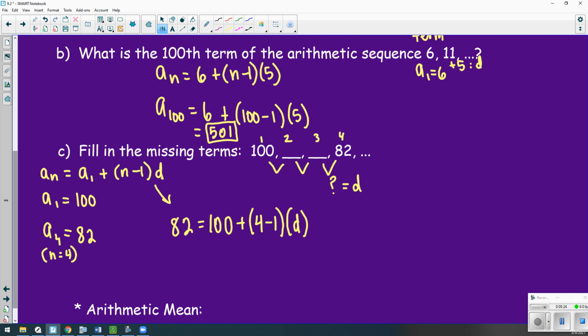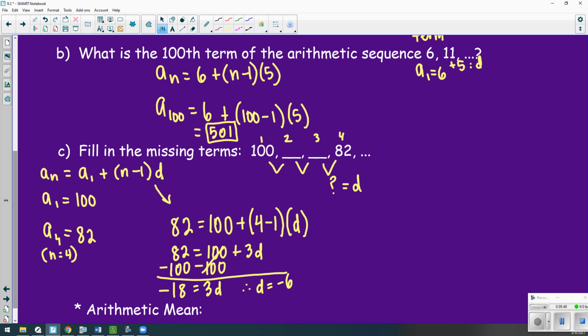Yeah, there's my variable. I don't know what d is. Okay, keep going. This equation doesn't scare me. Subtract 100. 82 minus 100 is negative 18 equals 3d. Those three dots right here mean therefore. Therefore, d must be equal to negative 6.